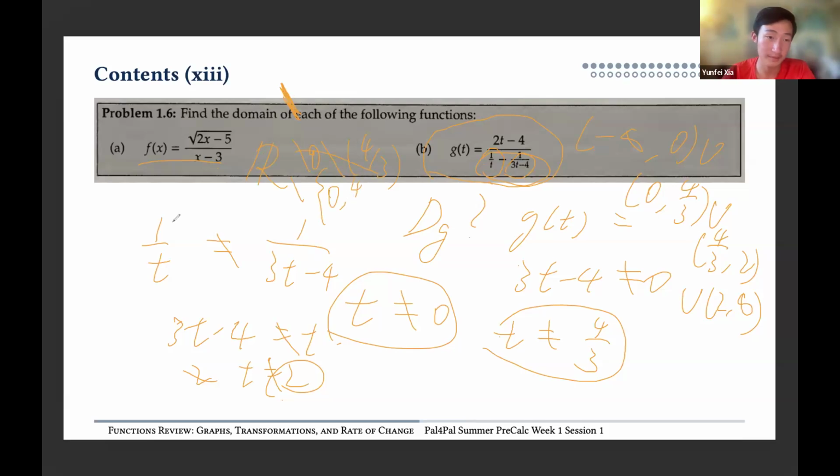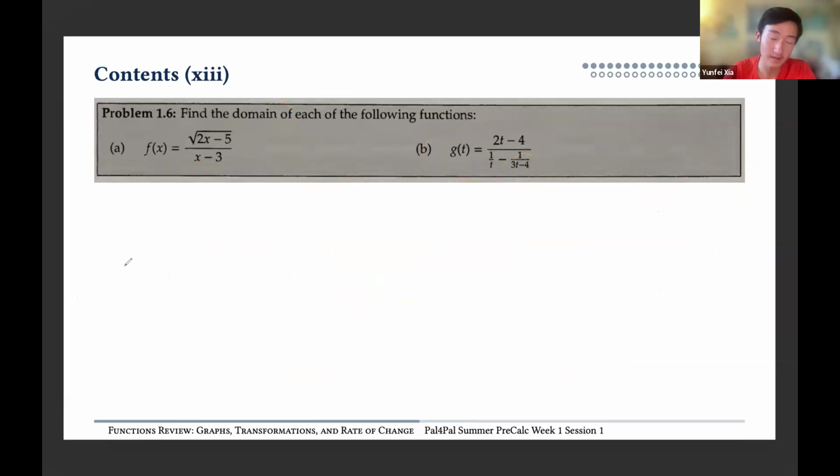Let me clear the board first. So R without a set, right? So 0, 4 over 3, 2. And this is the answer.